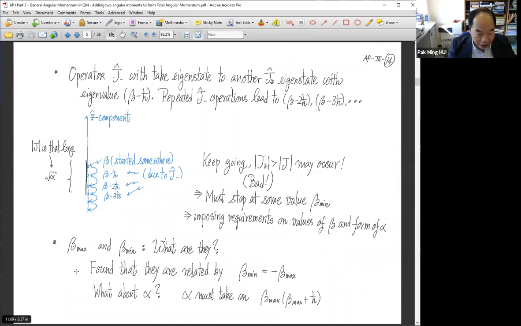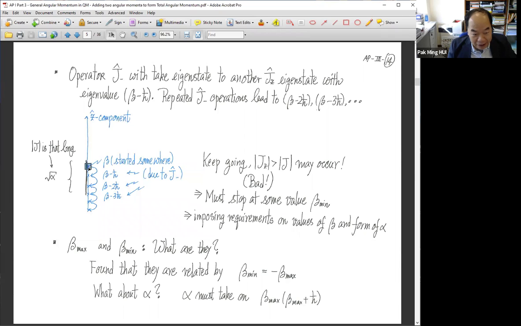Big picture number 3 is similar. We will define a lowering operator J minus, the action of which is to take the Jz eigenstate with eigenvalue decreasing by h bar, and then another h bar, and another h bar, and so on. Pictorially, it means if I start from the same proposed state beta here, J minus will do the following.